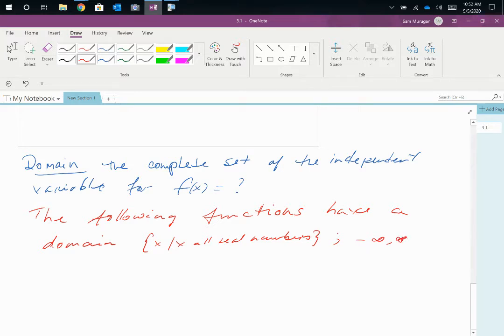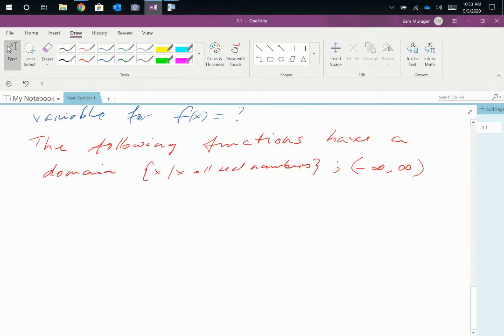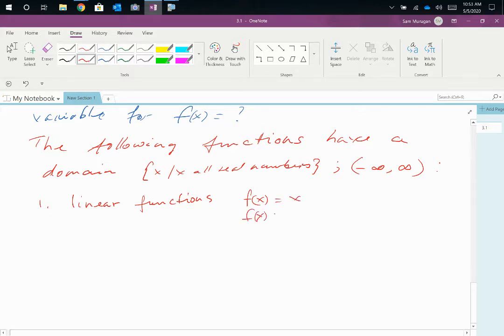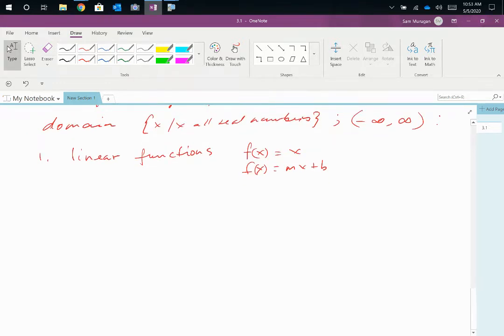You should know how to write both of these notations because your homework may ask you to use one or the other. Okay? And those functions are: one, all linear functions; anything in the form f of x is equal to x, or f of x equal to mx plus b, have a domain of negative to positive infinity.